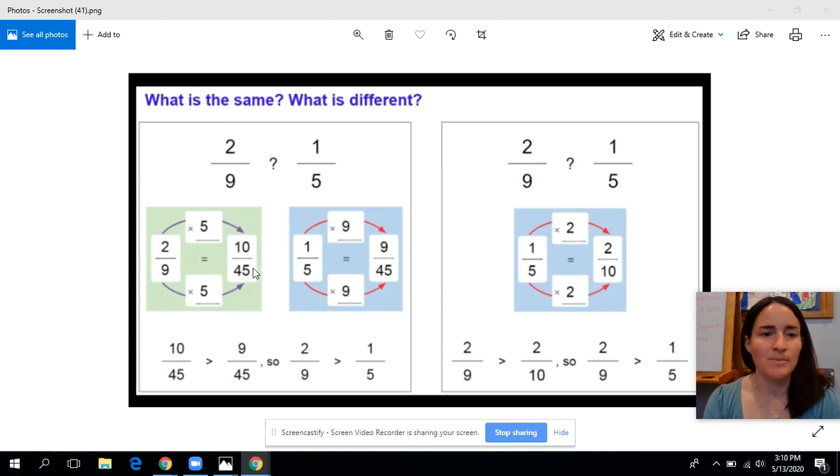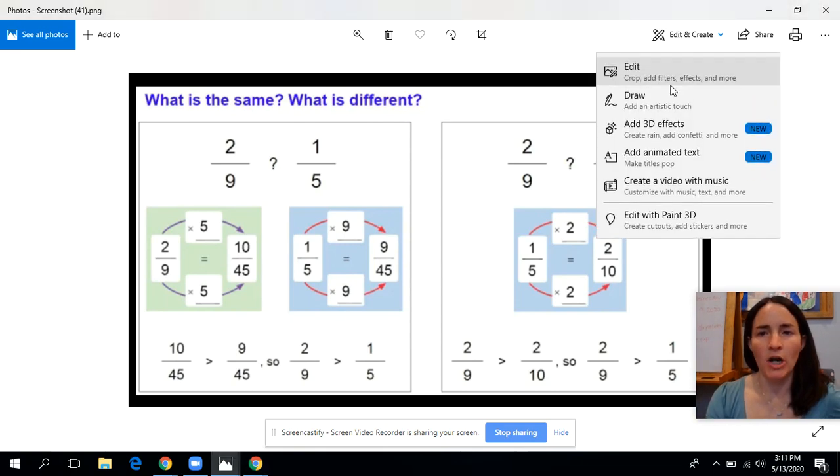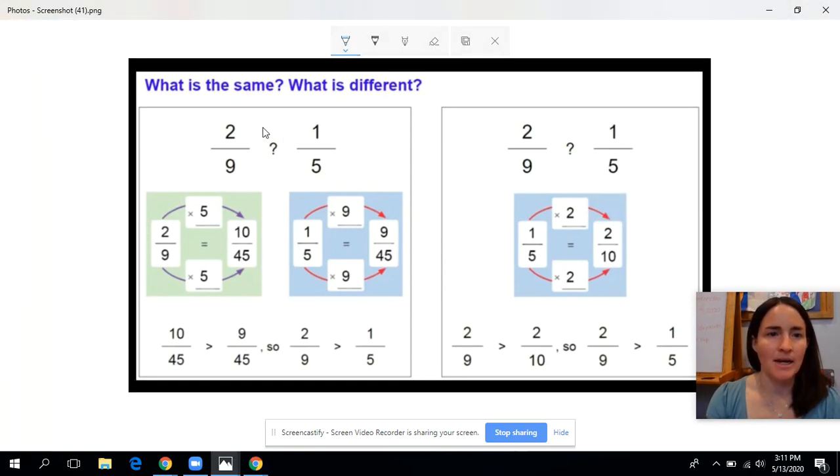So 2/9 became 10/45, 1/5 was equal to 9/45, and therefore we can see that 10 pieces out of 45 is greater than 9 pieces out of 45. 10/45 is greater than 9/45, so that means that 2/9 is in fact greater. Go ahead and put my greater than sign in here. Greater than 1/5. And again, they were able to figure that out by setting both of these fractions to their equivalent fractions with denominators of 45.